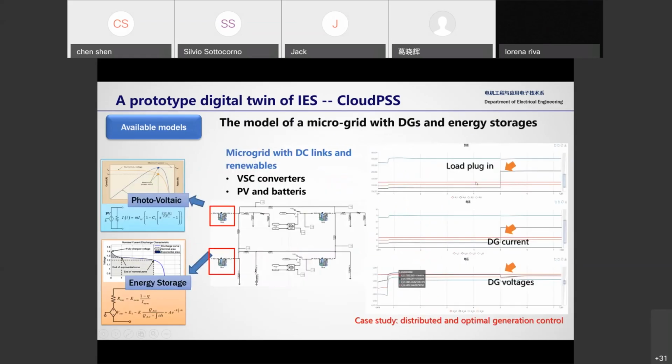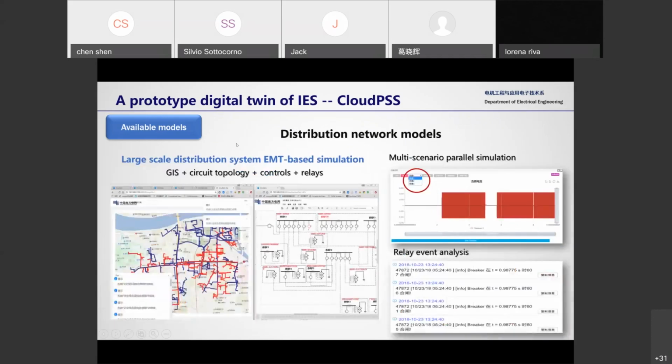This is the EMT model of a microgrid with PV and energy storage. And this is the EMT model of a large-scale distribution network model, which integrates circuit breakers, control, and relay protection. Multilateral parallel simulation can be conducted with this model.